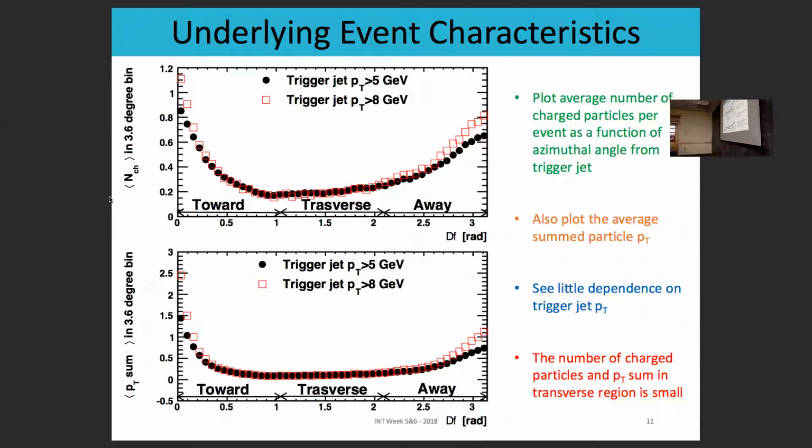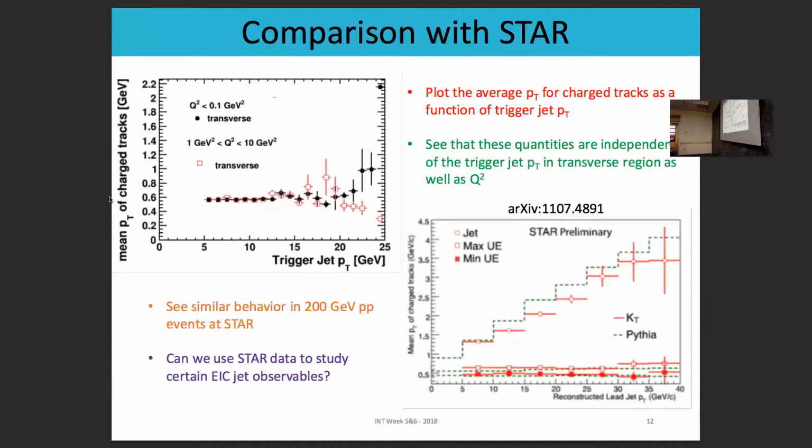So the underlying event activity is relatively small here. We've also compared that with PP collisions from STAR at 200 GeV and find that they're relatively comparable. I think it'd be interesting to do a similar study using PA data from STAR as well, to hopefully make a connection to the EA collisions.